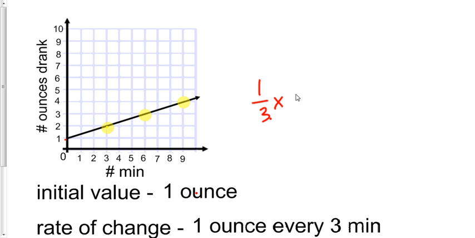I'm going to be adding on to the ounce, and so y equals 1/3 x plus 1. The true rate of change is actually 0.3 repeating, and that would be another way of writing it, because 1/3 is the same as 0.3333.